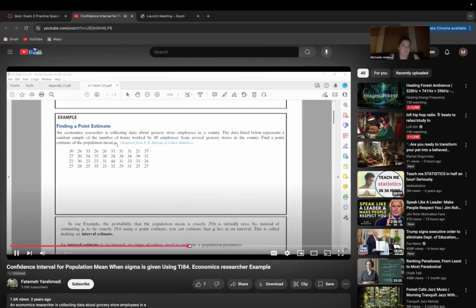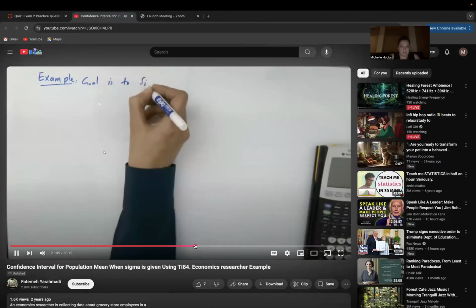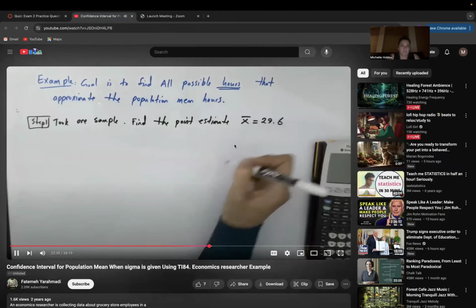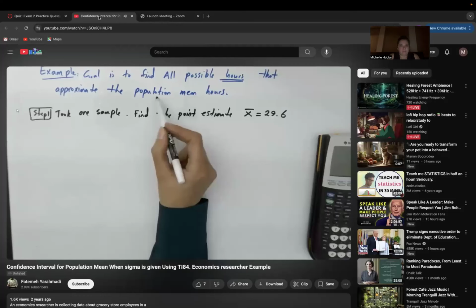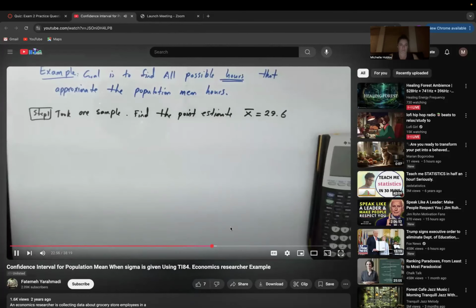You collected the data, and these are the numbers that you want to use to find the point estimate, 9.6 hours. Okay, very good. But it's not exactly the same as your population mean hours. What should I do? I need to go to the next step.